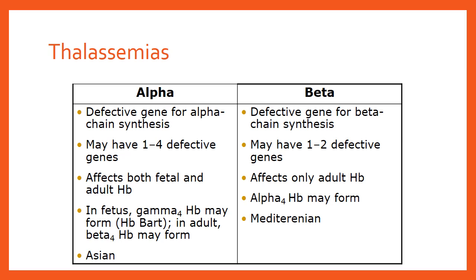Unfortunately, gamma 4 has strong affinity to oxygen. It will capture the oxygen molecule but never release it to the tissues that need it. This may result in death in utero or shortly after birth, again because of the inability to transport oxygen.